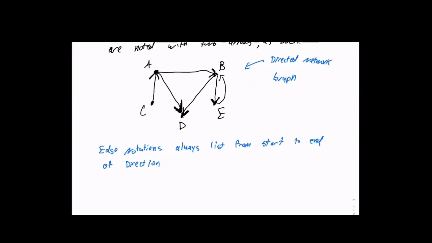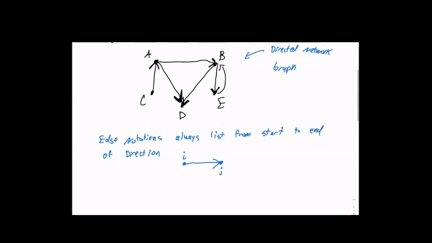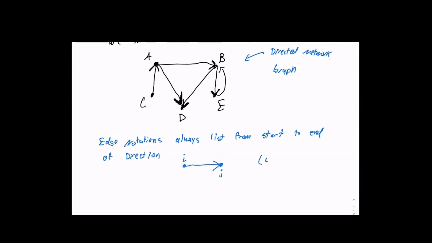Basically, what we're saying here is that when we have something like this, we typically call this I and J. We always list it as I and then J, and it should be noted that we use parentheses, not braces, for a directed graph.